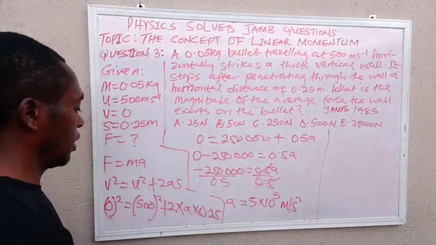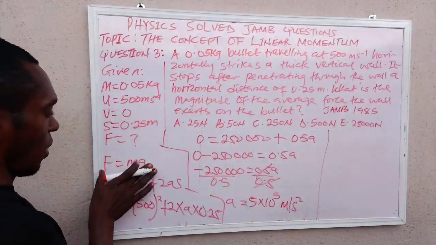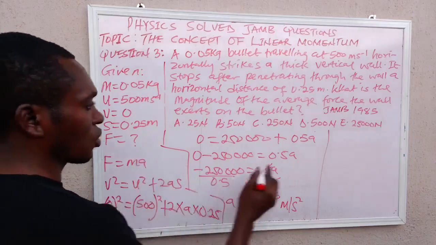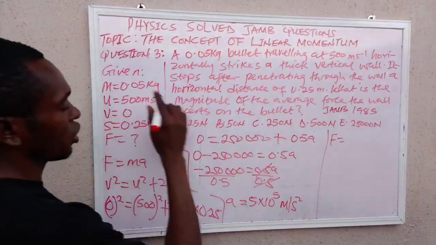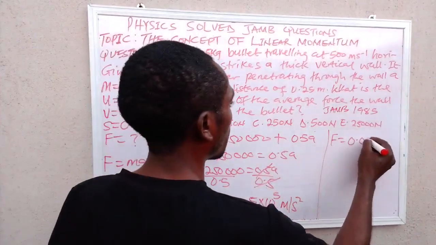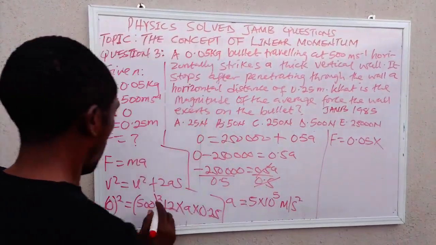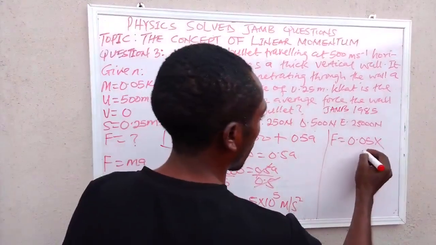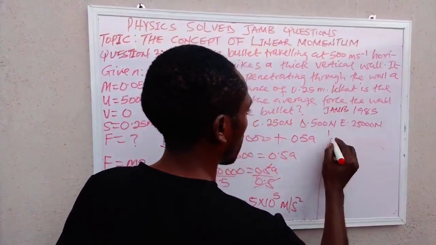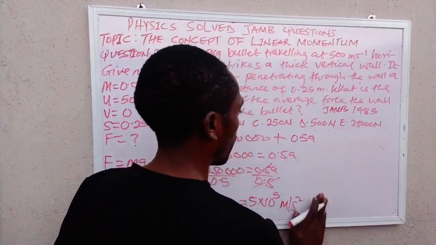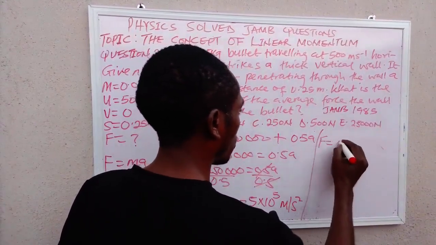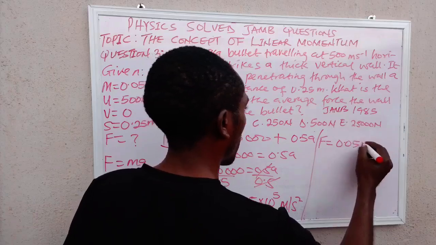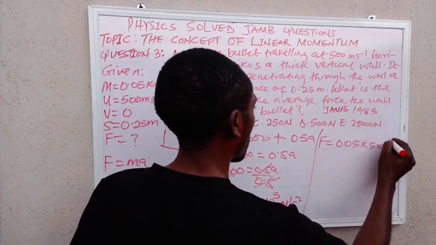So what we do next is come back to F equals ma. Our mass is given as 0.05 times our acceleration. So F equals 0.05 times 5 times 10 raised to the power of 5.